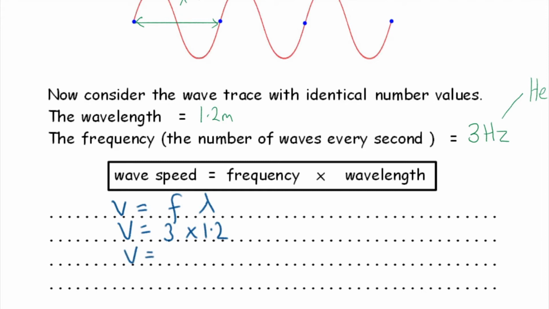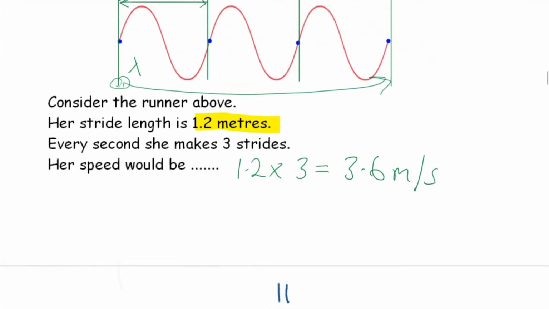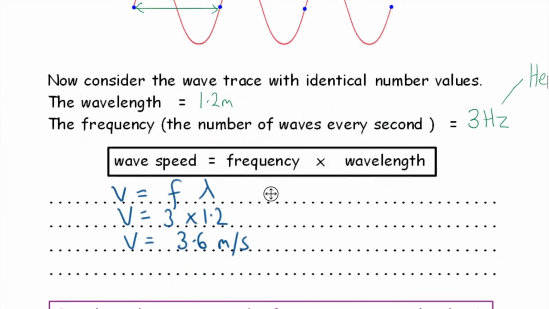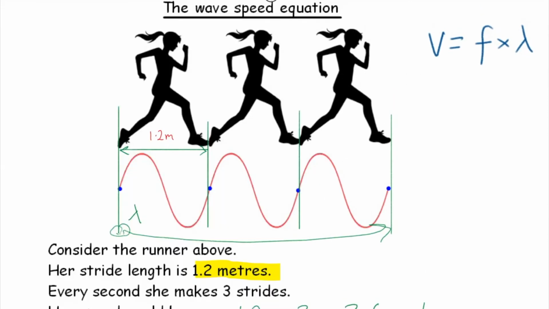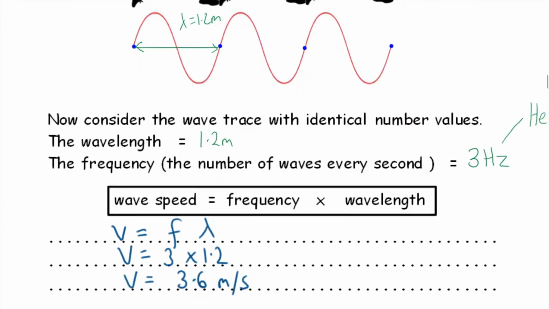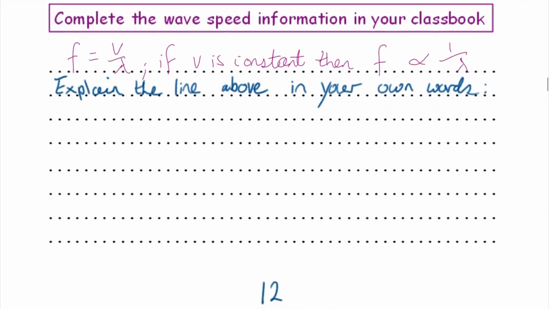So that's going to be 3.6 meters per second. Compare and contrast. We're working out the speed of the wave 2 different ways. There we go.